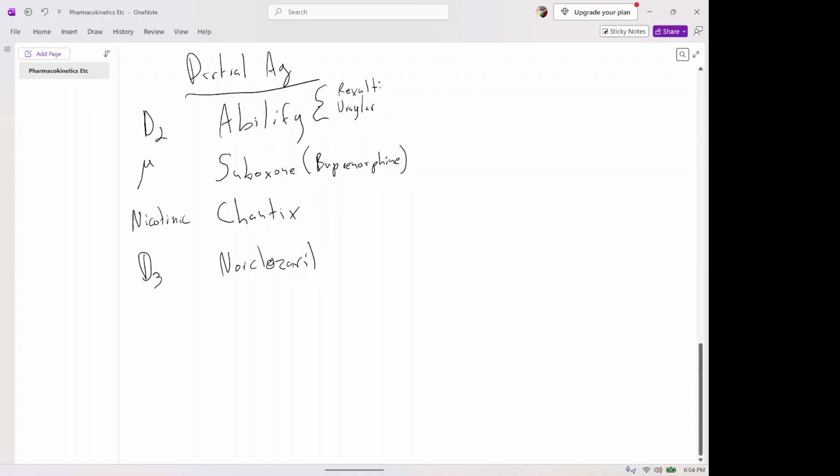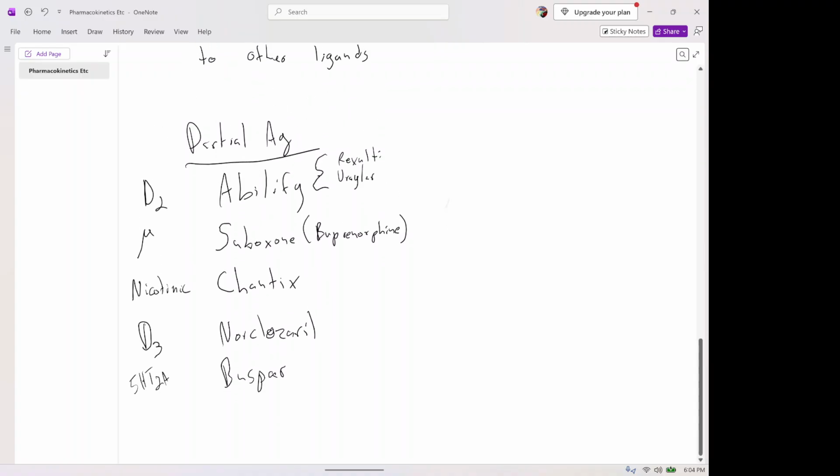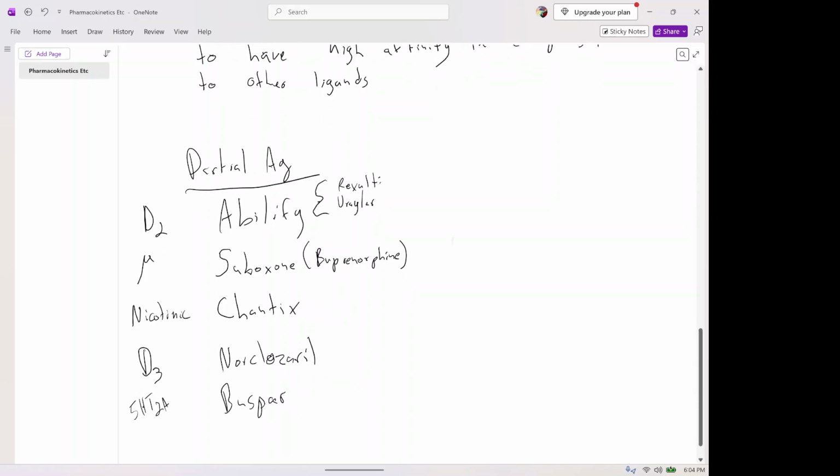But also, you never want to leave out 5-HT1A, buspirone, good old BuSpar, a partial agonist. All right. So partial agonists come in all shapes and sizes, different receptor systems, doing completely different stuff.